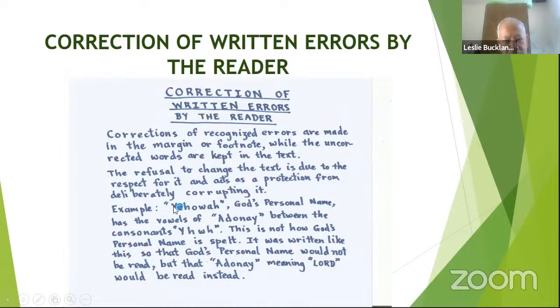So there are two places that they could put the correction, either in the margin on the left or on the right, or at the bottom of the page. Okay, so that's how they dealt with written errors and alerted the reader that there was an error so that they would read the correct word instead.